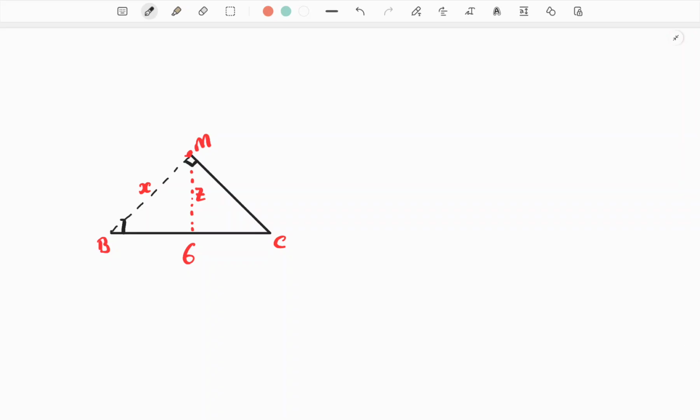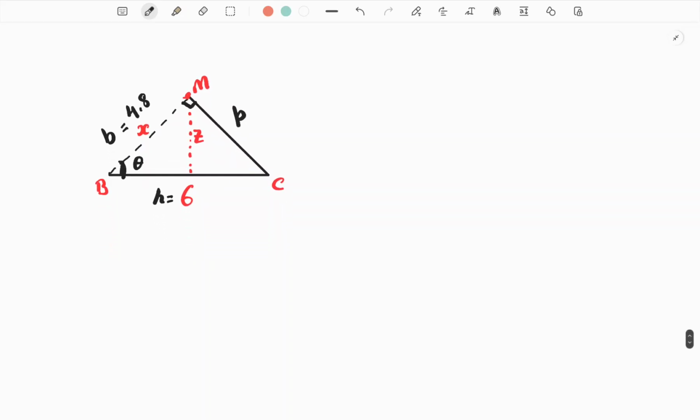Let us take this one to be the measuring angle. The side which is opposite to the measuring angle we can take as P. The side which is opposite to this 90 degree we can take as H, and this side BM we can take as B. From the calculation above, X is equal to 4.8. So B is equal to 4.8. So first of all, let us find out the value of P.